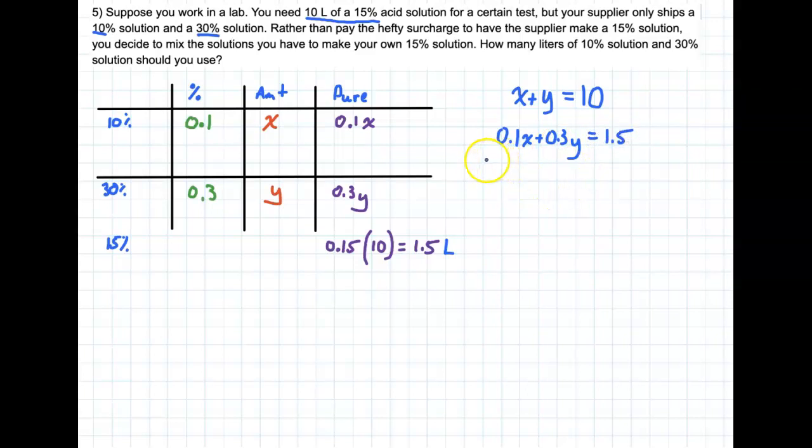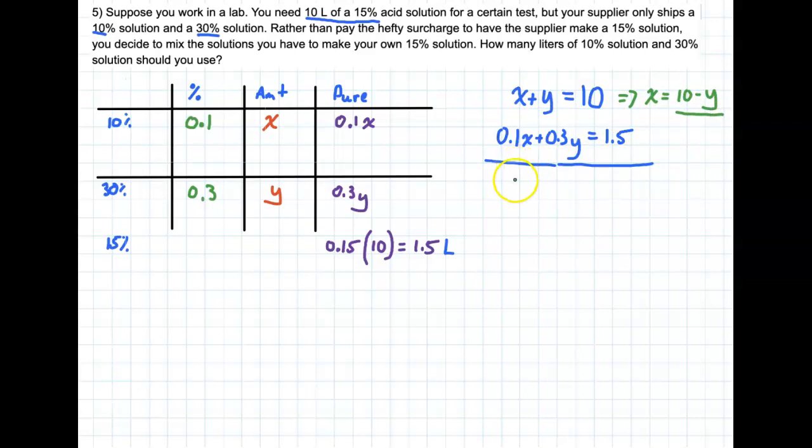And actually, just to clear the fractions out, I don't have to do this, but I like to do that. So first of all, this one over here, let's just isolate x. So x is going to be equal to 10 minus y, correct? And I'm going to substitute that x value in here.